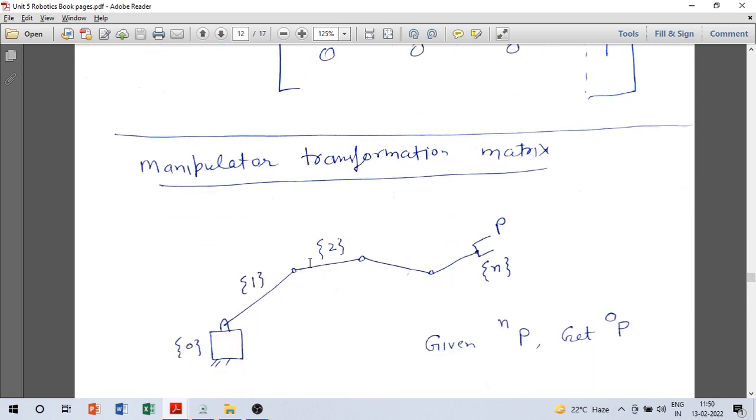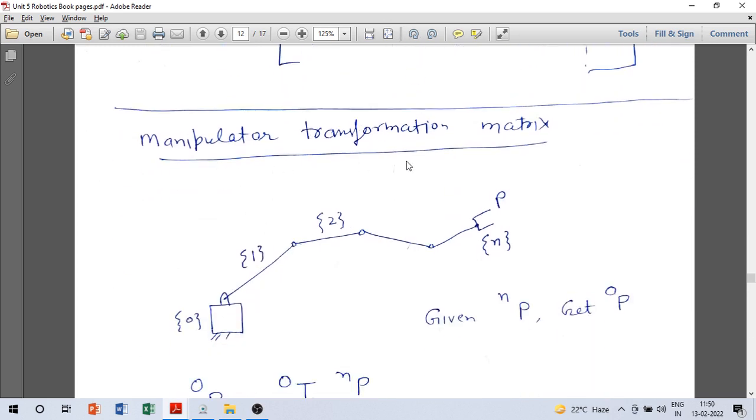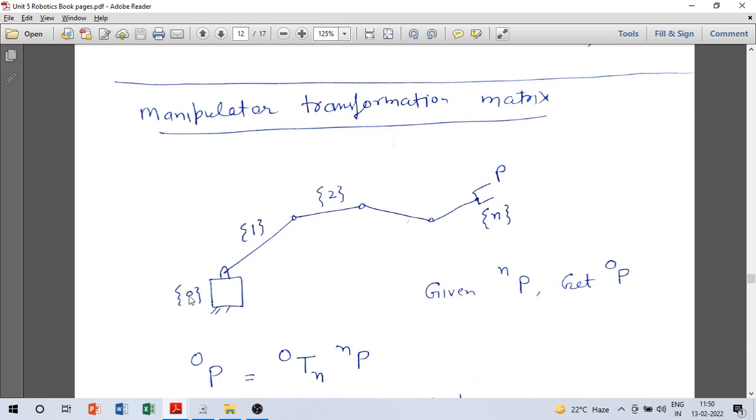Now let us look at the whole manipulator transformation matrix. We have frame 0 attached to the base, frame 1, frame 2, and so on. We have frame n attached to, let us say, the end effector. On the end effector there is a point of interest, point P, and we have the description of point P in frame n.